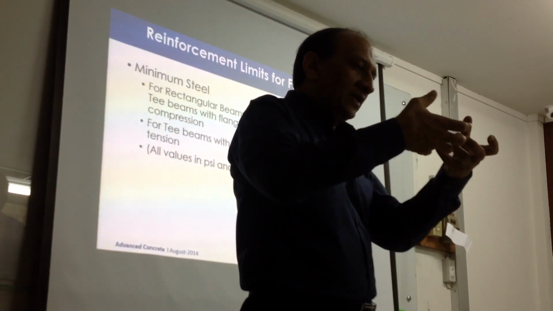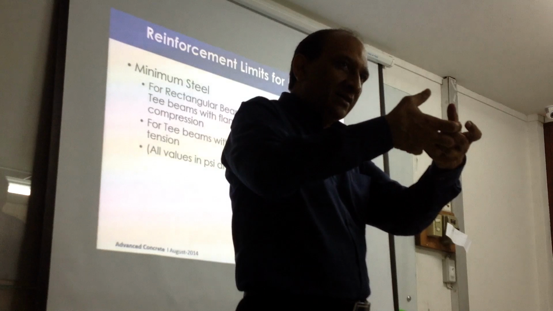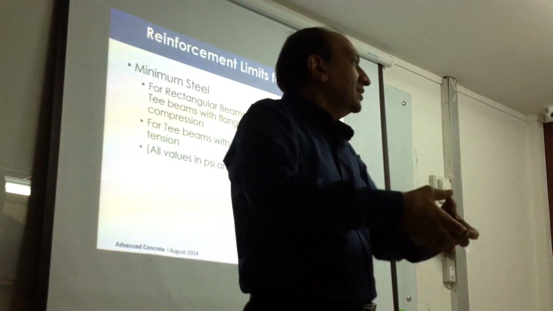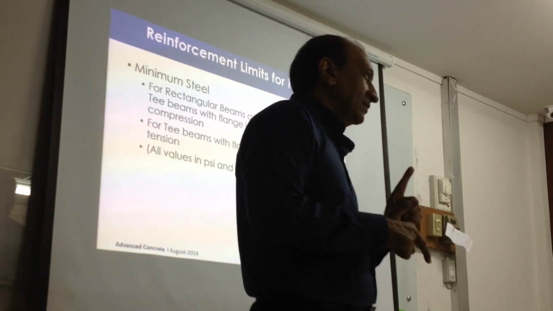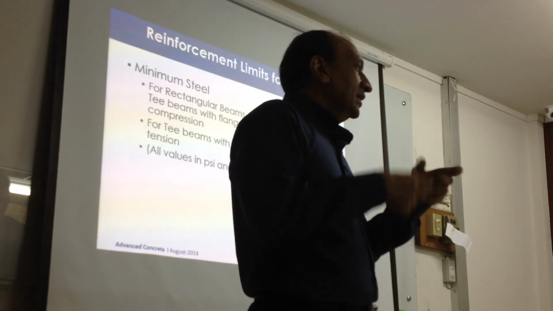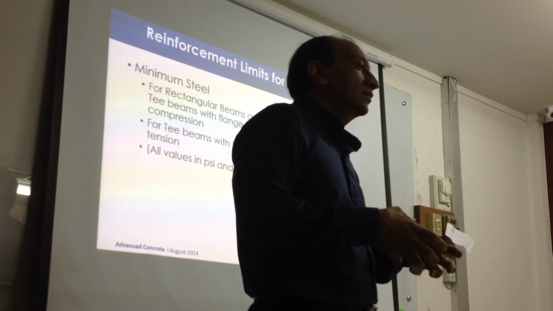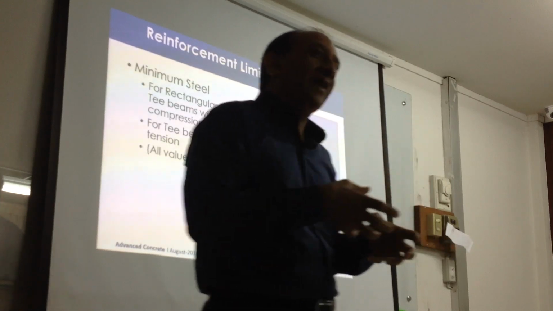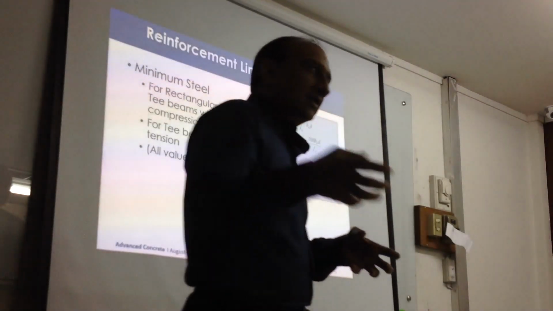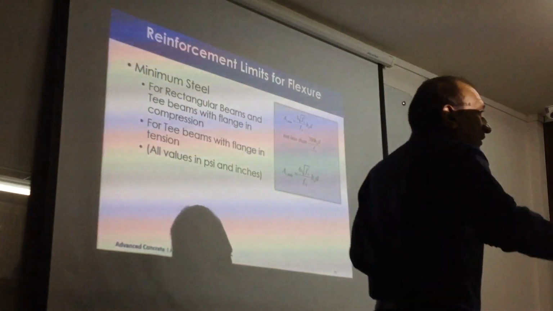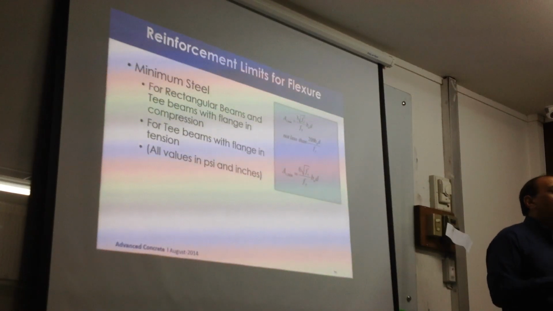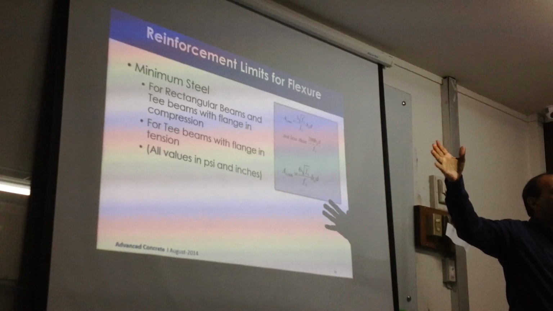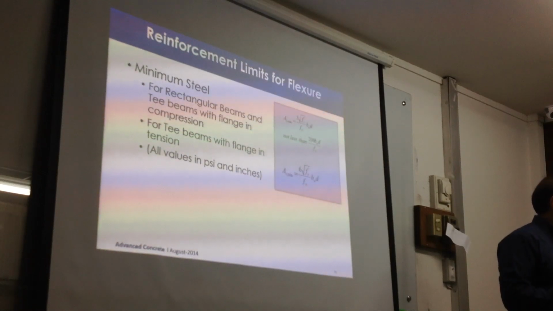When the cracking moment reaches 100, it will crack and suddenly all of the load will go to the rebars, which you haven't designed for 100, you have designed for the smaller one. So the rebars will get a lot of load plus an impact, which will be very large. The rebars may simply crack, may break, or rupture. So we say, okay, minimum reinforcement must be related to the cracking moment capacity.